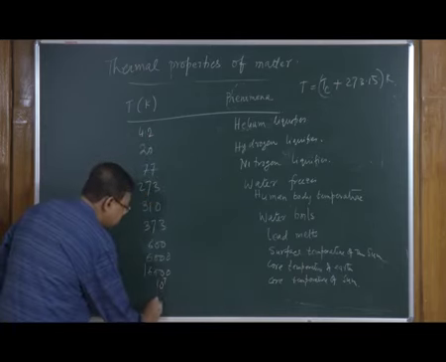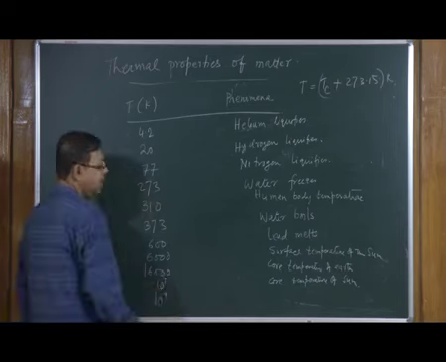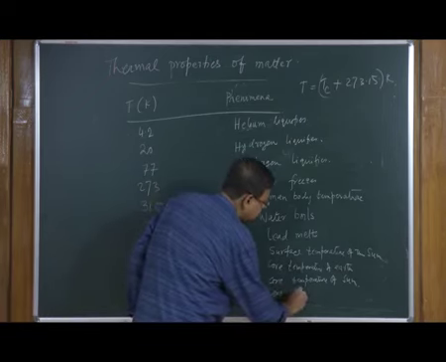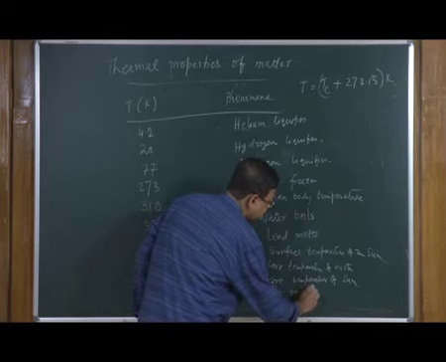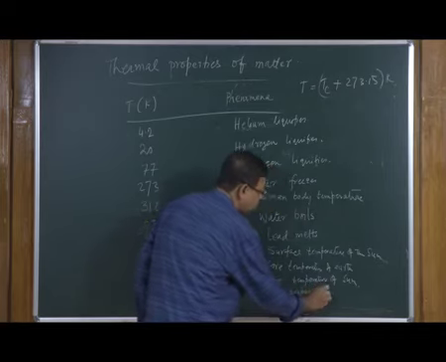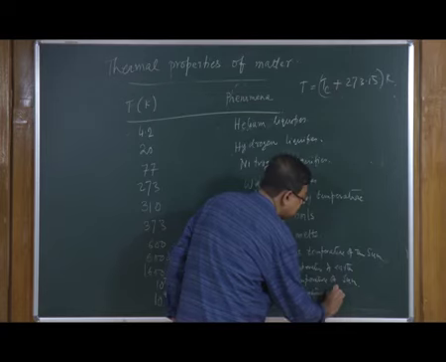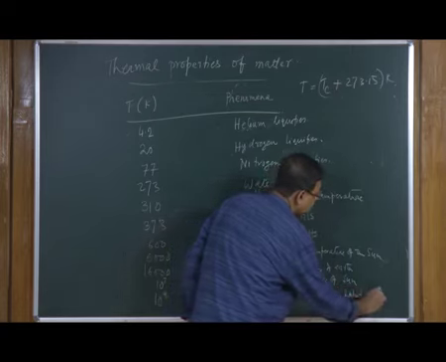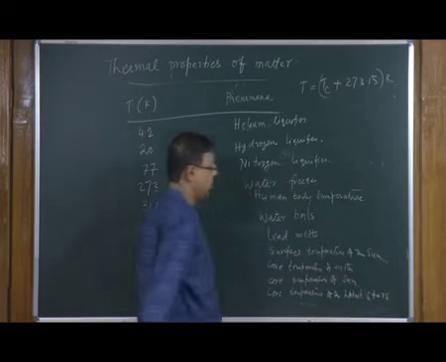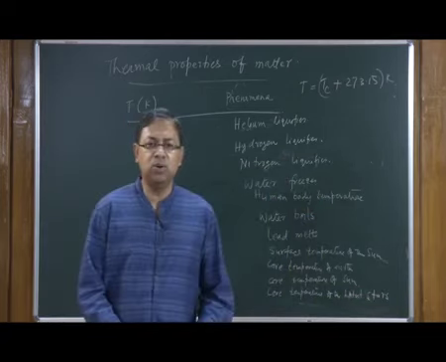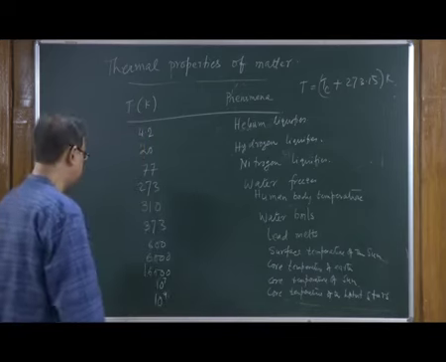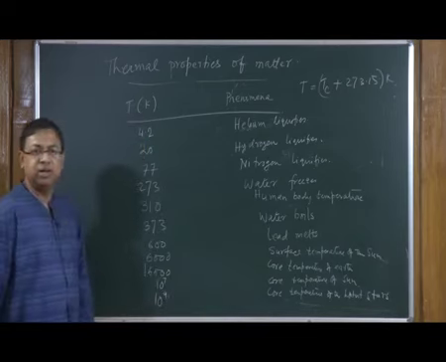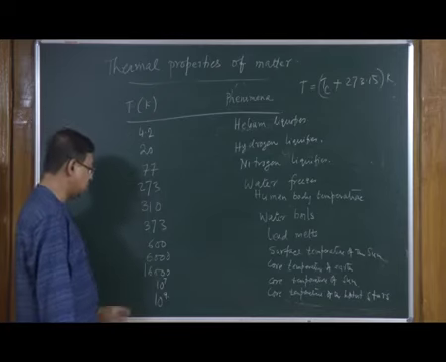And 10 to the power 9 is the core temperature of the hottest stars. Okay. So, these are some of the temperatures which you would usually see in scientific articles and scientific journals.